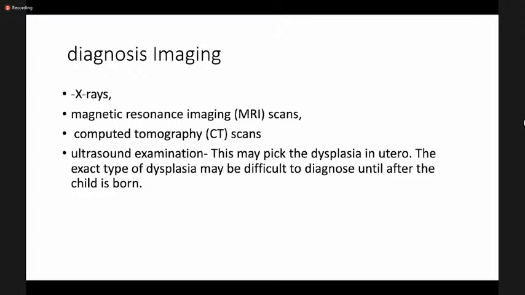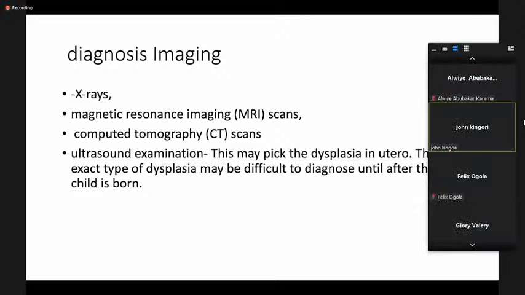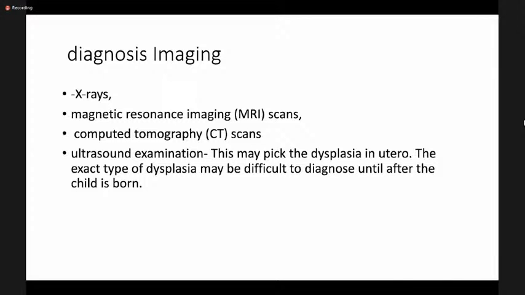Imaging investigations, we usually use plain X-rays, with further investigations including CT scan and MRI because you want to get more details. Ultrasound examination may be done actually earlier during pregnancy, and this may pick up the dysplasia in utero.